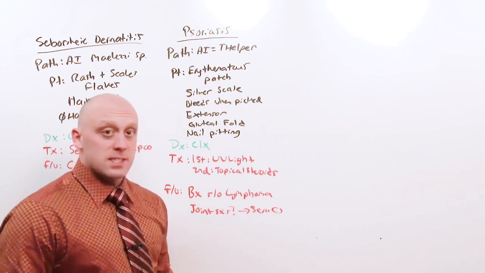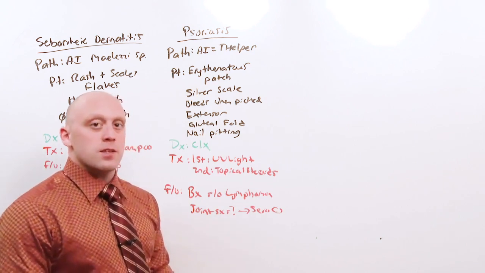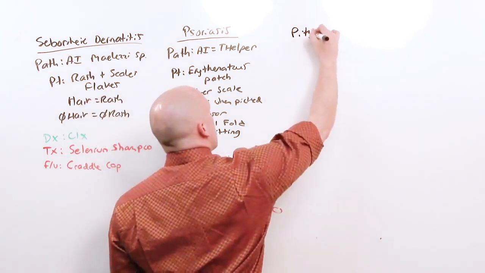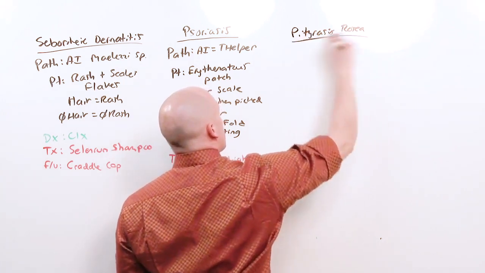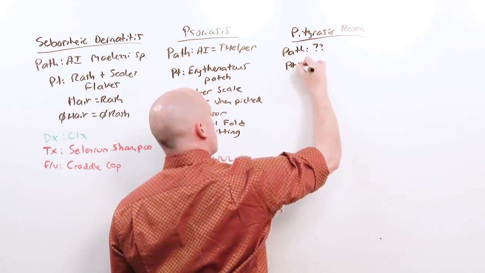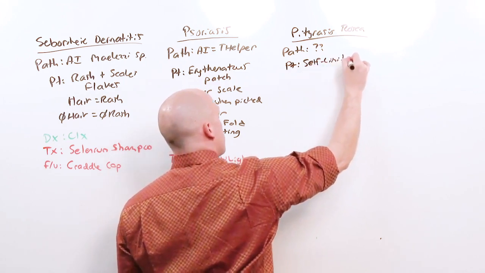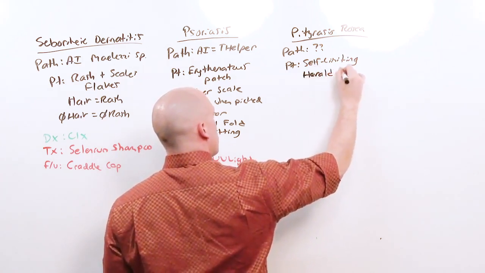The next one is classic for the description and the picture, and so it's really easy to make a vignette about this one. Pityriasis rosea. The problem is we don't really know what causes it, and honestly we don't care because it's self-limiting. And what you're looking for is the herald patch.